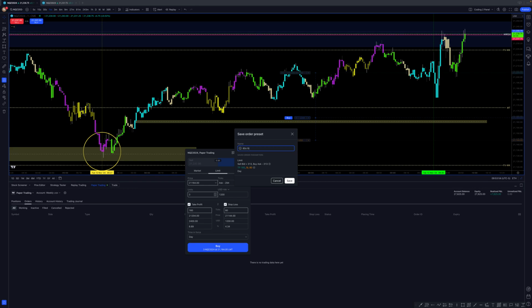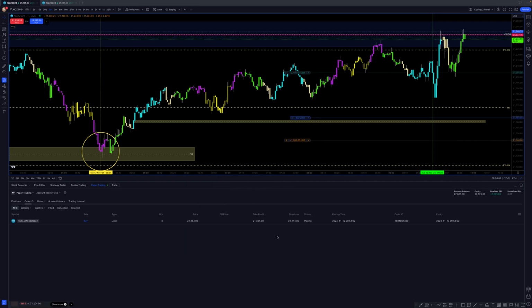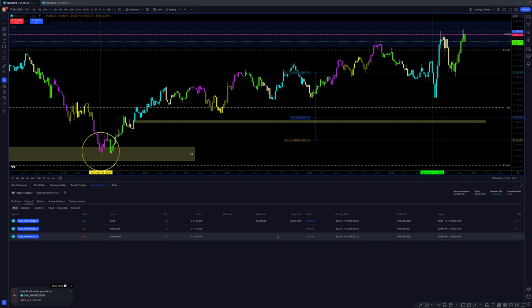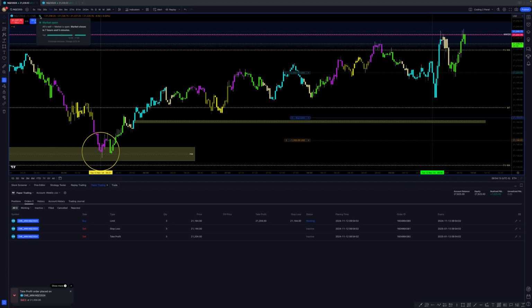That's what I'm going to call this one. Save it. Alright. And then I'm going to buy it. Got the limit order in, as you can see there. And where's the market? There it is. Alright, so we're live and you can see the limit order in there. You can see it all.